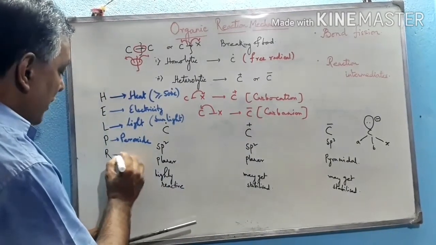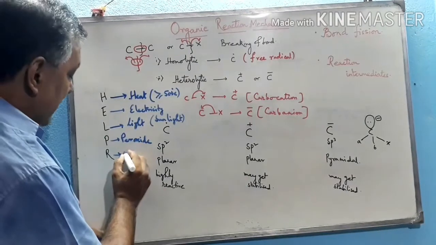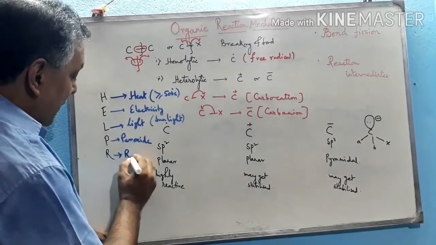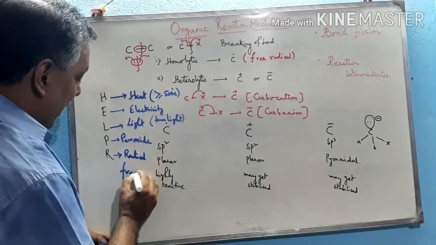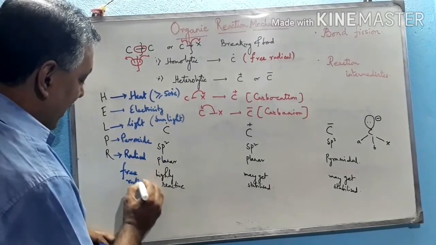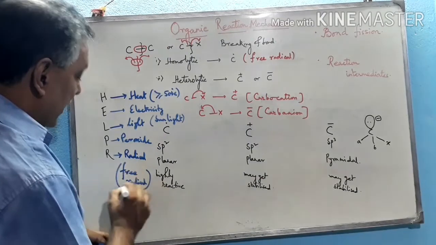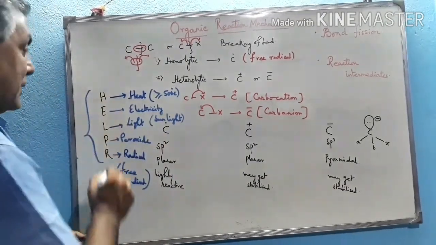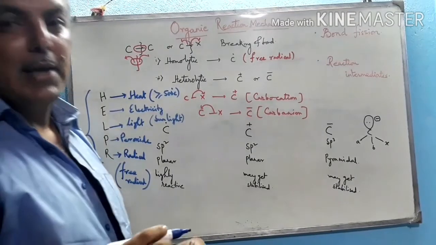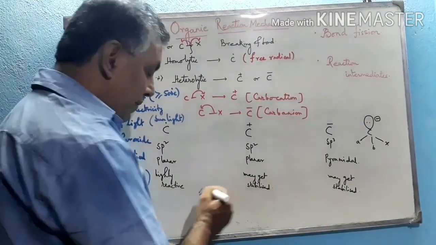And R is the radical, that means in presence of a free radical it generates the radical. So these 5 are the conditions in presence of which only the free radical generates as the intermediate.